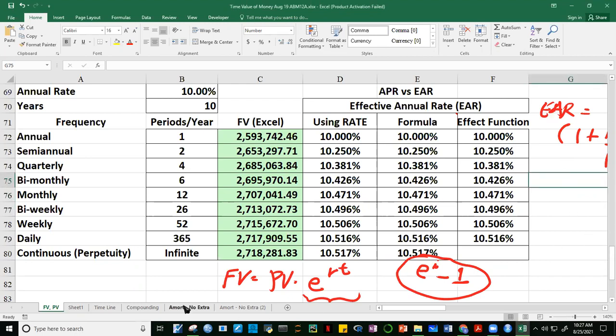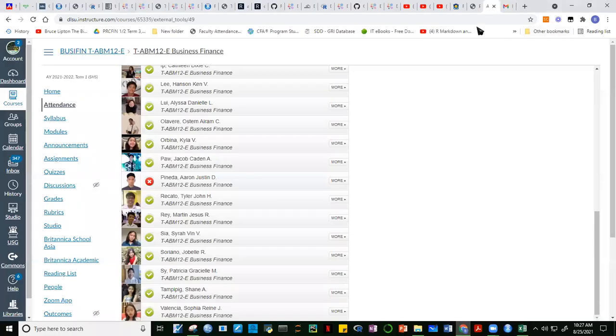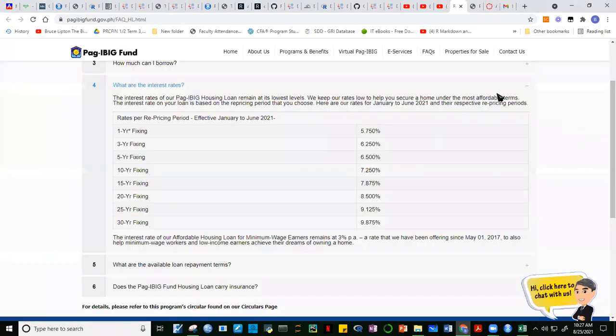Punta tayo sa amortization. Okay? Hindi natin matatapos lahat. We'll start with the basic first. So let me first share with you ito sa Pag-ibig, no?